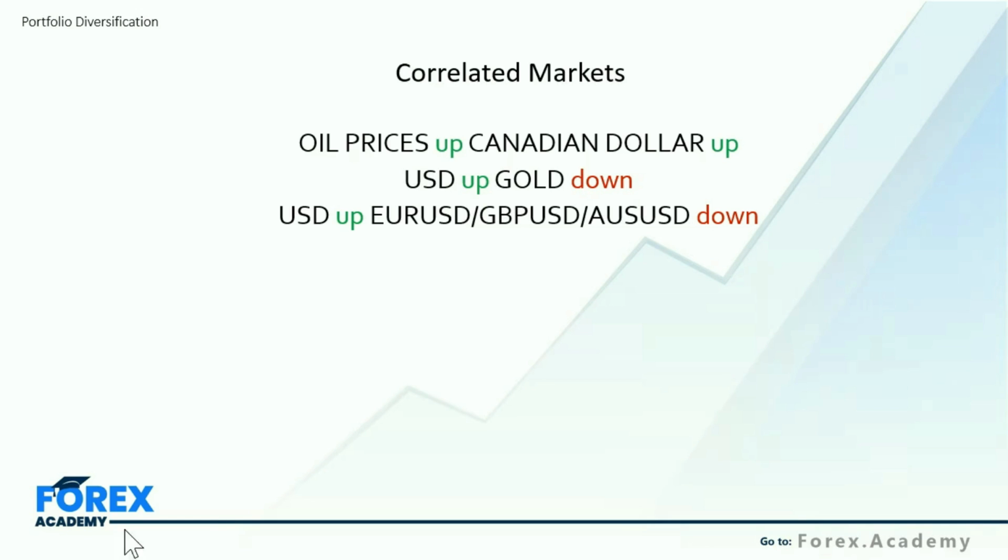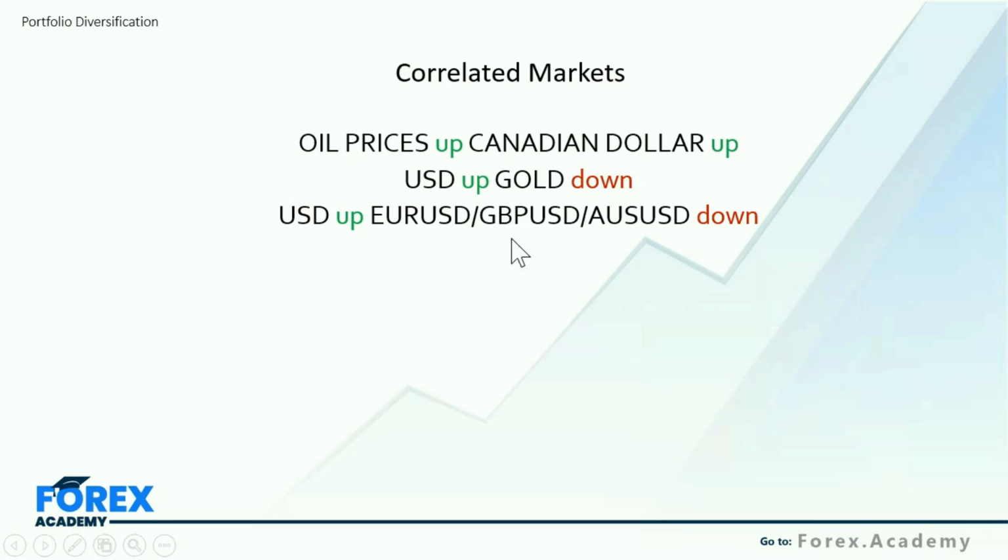The common denominator is the dollar part of these currency pairs. So of course, if the dollar strengthens, the euro dollar will move to the downside, the pound dollar will move to the downside, and the Aussie dollar is very likely to move to the downside, and also vice versa. This is okay. You can trade those markets if you understand that they are correlated.